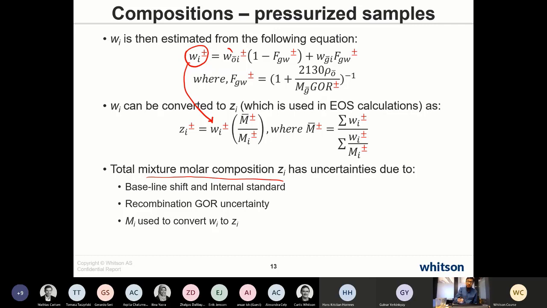And the main reasons for those uncertainties are: you can have uncertainties due to baseline shift and internal standard, which is affecting your flash oil compositions mainly. There you have a recombination GOR uncertainty affecting the recombined composition. And then you have also uncertainty in the choice of the molecular weights that you use to convert the mass fractions to mole fractions.